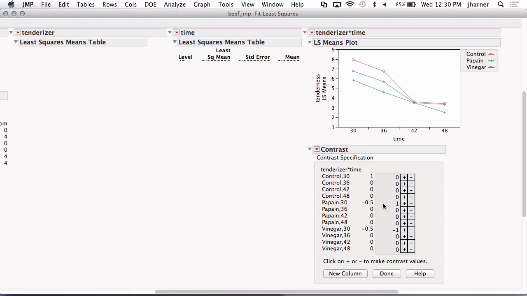And so these two contrasts together would give me the overall contrast I did, where I did control versus the other two, and then each of the two, except that's only within time 30. You see what I'm saying? So I could do that same orthogonal contrast within this, and so forth. Or I could simply do multiple comparisons.